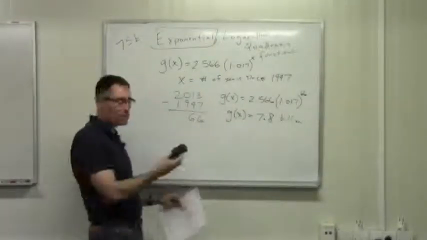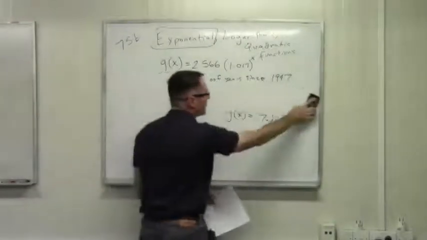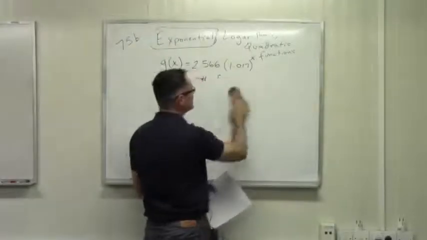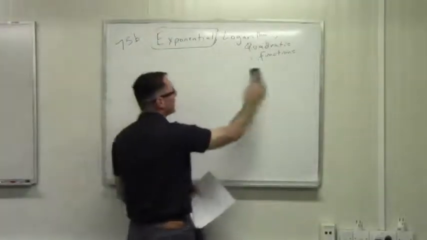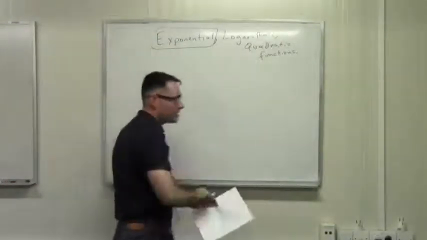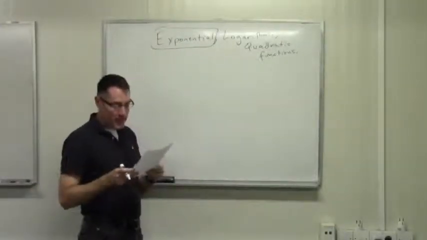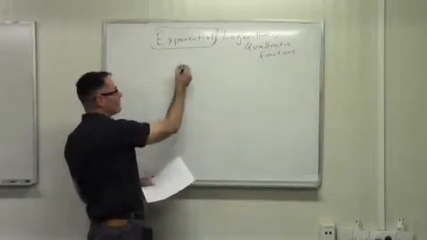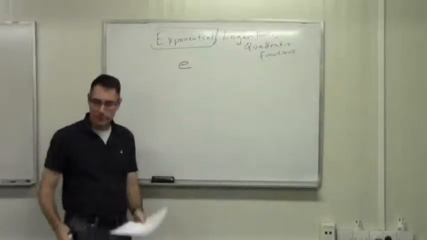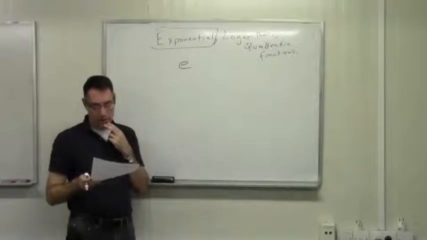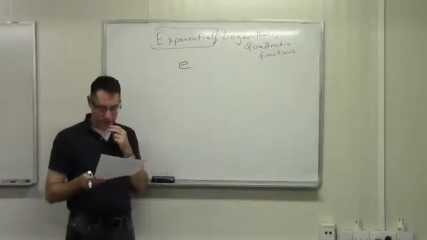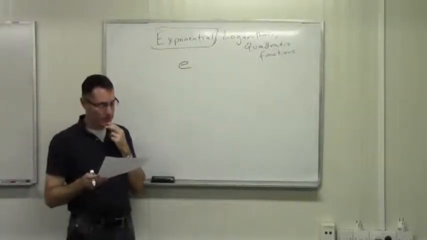There's a special number which seems to happen a lot, or we seem to find a lot when we're dealing with exponential numbers. OK? There's a number called e. The e actually stands for, I think, the exponential base, or the exponential function.